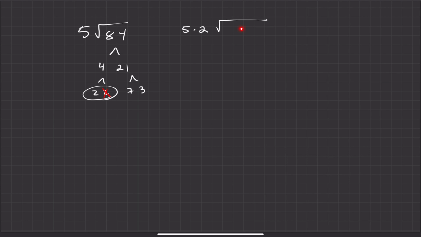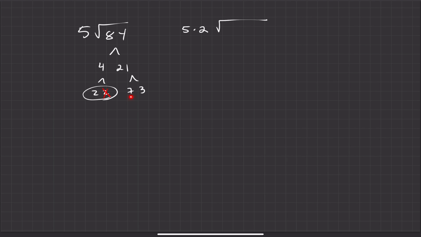And then what do I put inside here? Notice that this 7 and this 3, the 7 doesn't have a pair and the 3 doesn't have a pair. And when I'm talking about a pair, they have to have the same number. So there needs to be another 7 and there needs to be another 3 for that number to go outside, but in this case it doesn't.